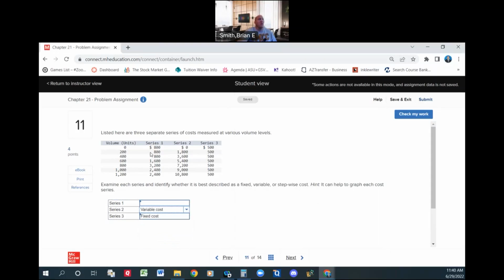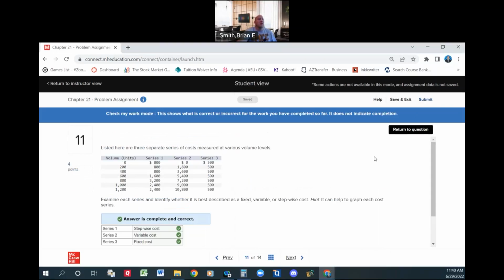Okay. So I'm looking at series 1, and this looks stepwise, but I don't understand why it decreases in cost when you get to 1,000 units. That doesn't make any sense, but I'm going with it. If you make up to 400 units, it's going to cost you 800.